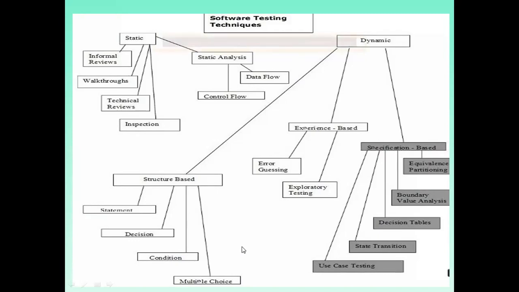Sometimes we use the switch case, etc. There are several conditions and multiple conditions we use. Based on the structure, it comes under the dynamic.